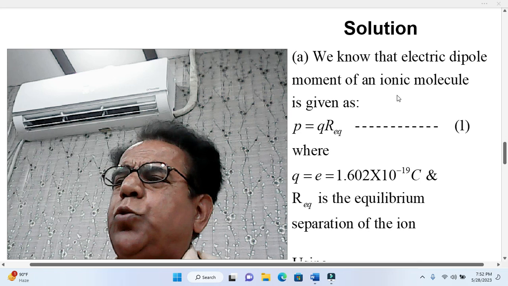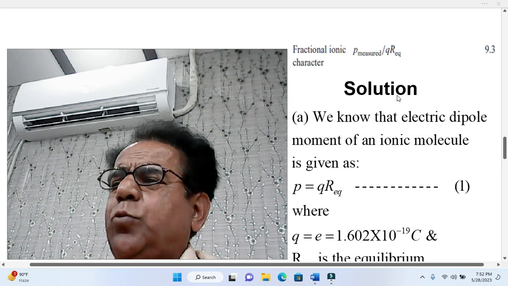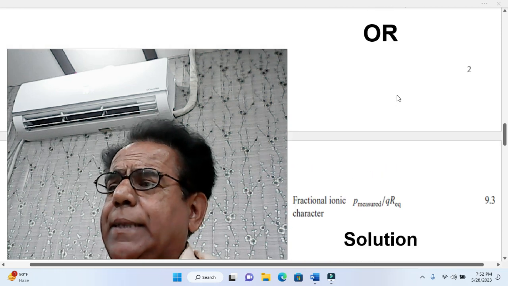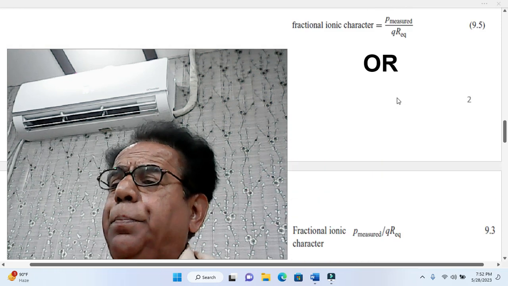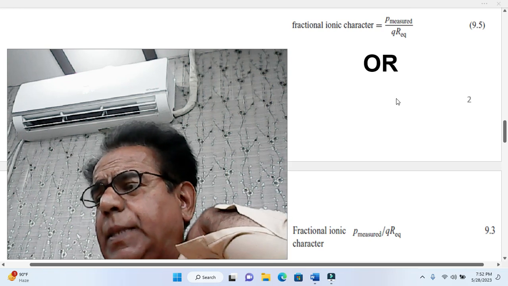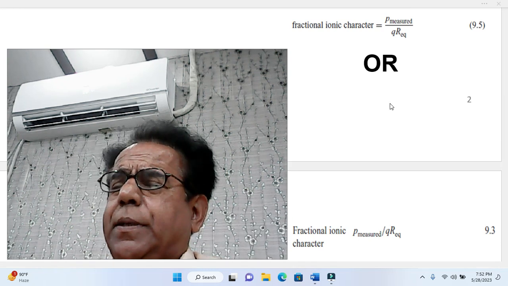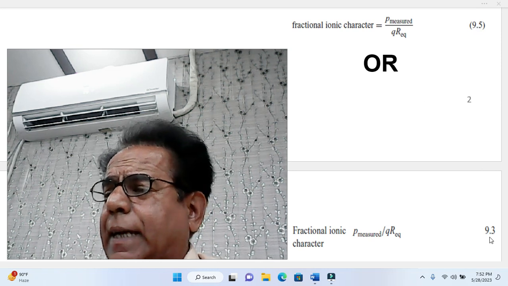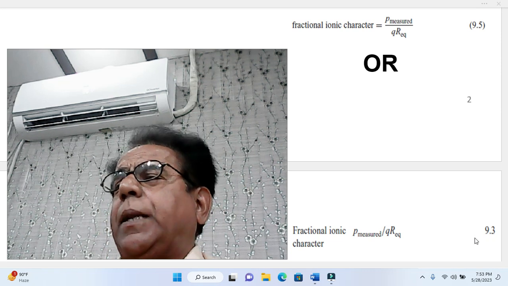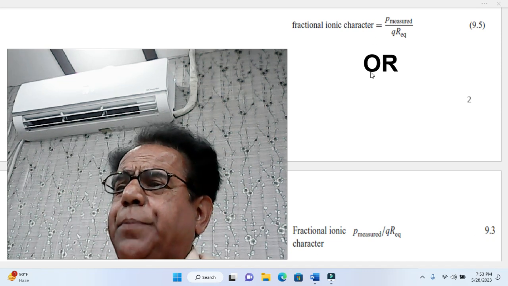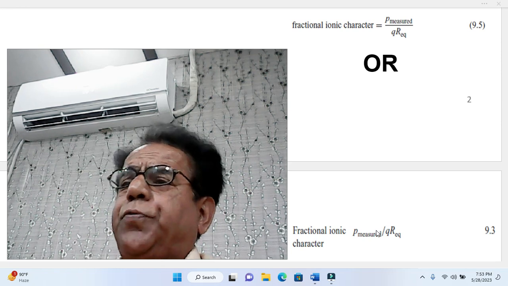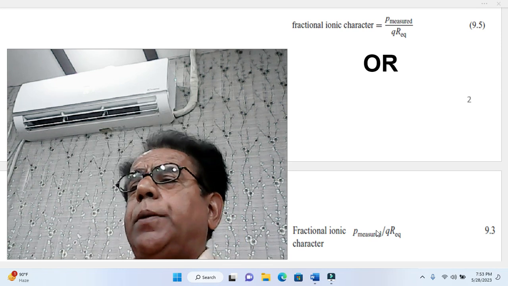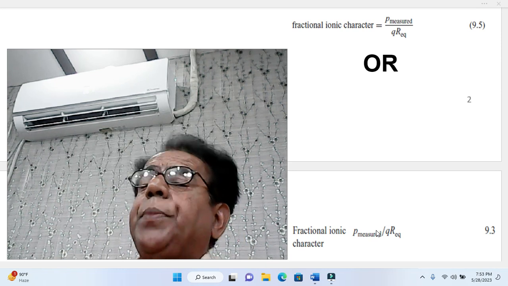Okay, now we come to solution. Actually, dear students, I am thinking that perhaps it may happen, I do not remember very clearly, that perhaps because this is also chapter number 9 and this is also chapter number 9, so it is possible that both these versions of tool might be selected from the same book, Modern Physics by Kenneth S. Crane.